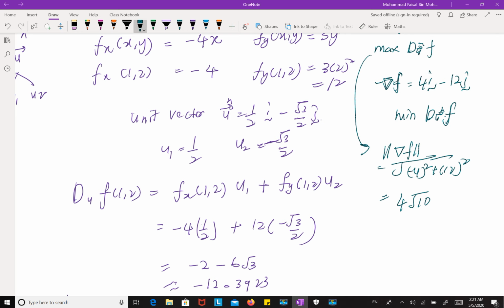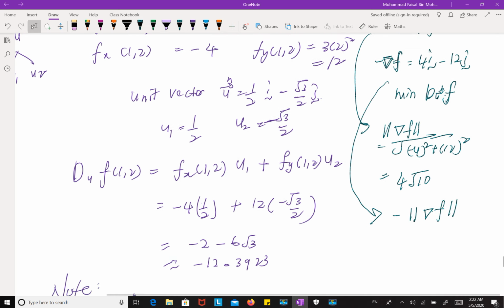Okay, and then the magnitude of the minimum directional derivative will be negative, remember this, the minimum of the directional derivative will be negative 4 square root 10.